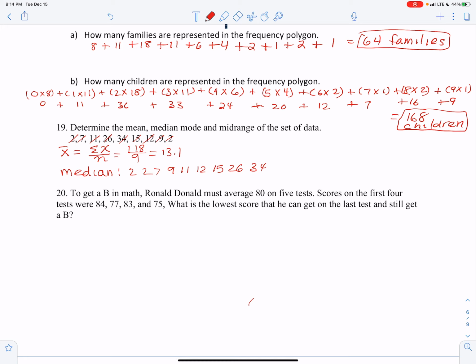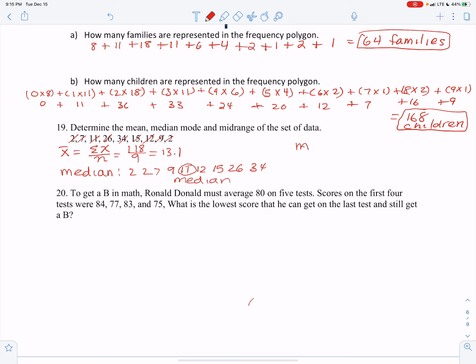So I have 9 data items. If it's an odd number, there'll be one value that falls in the middle. So for the median, you want the middle value, or if there's an even number of data items, the average of the middle 2 values. So here, the middle value, or the median, was 11.